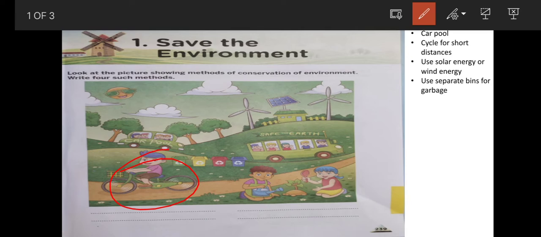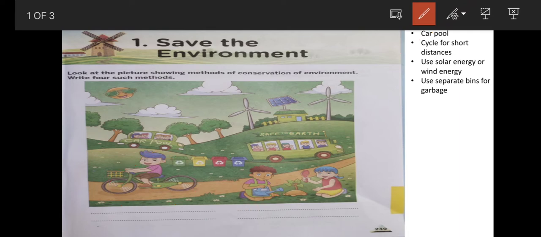It means that if we go or move to a short distance, we should use cycle, that is cycling, which is beneficial for our health, as well as it saves our natural resources like petrol or diesel, and it also saves our environment from being polluted. So the second method is cycle for short distances. In the given blank write cycle for short distances.